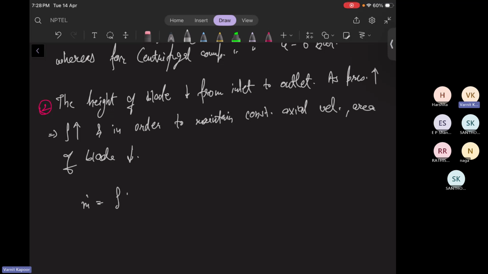Mass flow rate is rho into area into flow velocity. If you want to maintain the velocity constant, the density is already increasing, so your area should decrease. So how will your blade height look? The blade height will continuously decrease. So this was the inlet.